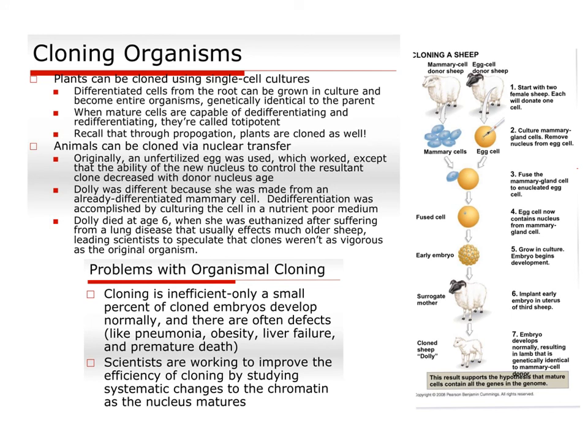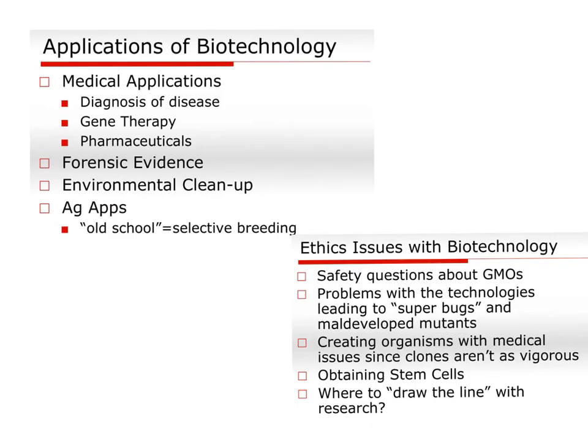It may also be that this DNA had already accumulated a whole bunch of mutations, which would mean that even though this is a baby sheep, it had old DNA with many more mutations in it, which would explain why Dolly got a geriatric disease at age 6. So scientists have been working on this. In the scheme of things, it's actually not a new technology since it's been around since the 90s, and some improvements have been made since this was first developed.